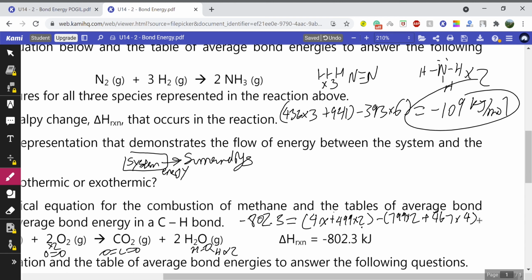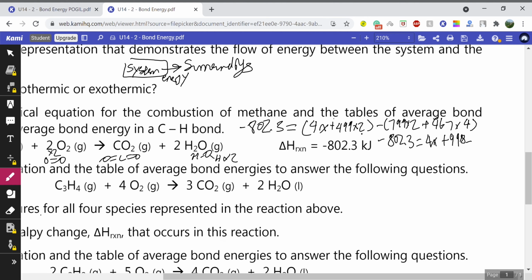Alright, now let's quickly solve this. Negative 802.3 is going to be equal to 4x plus 499 times 2, which is 998, minus 799 times 2 plus 467 times 4, which is 3466.